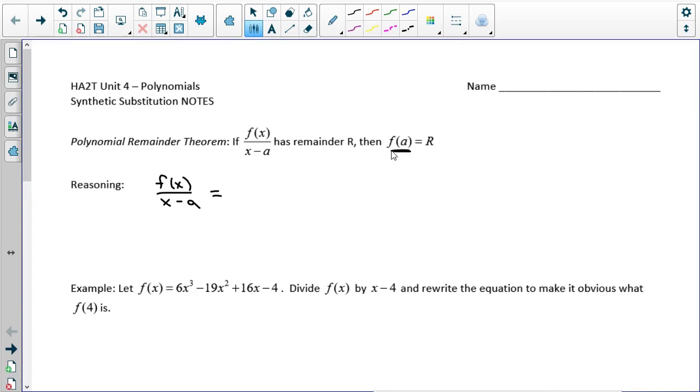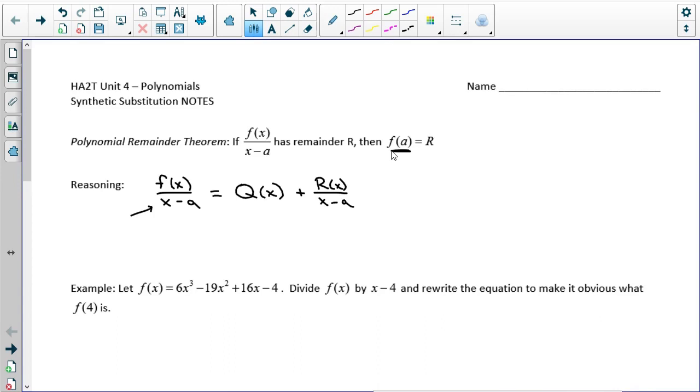I know from the last video that I can rewrite that as some sort of polynomial, I'll call it q of x, plus whatever the remainder is divided by x minus a.